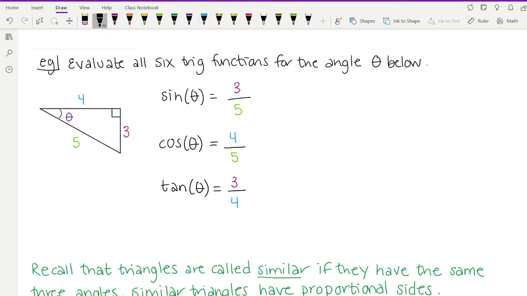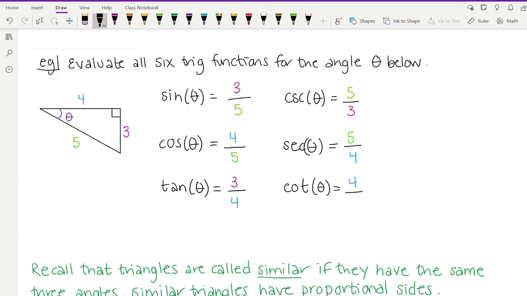And then to find the reciprocal trig functions, we just take the reciprocal of each of these. So cosecant is going to be 5 over 3. Secant is going to be 5 over 4. And then cotangent is going to be 4 over 3.